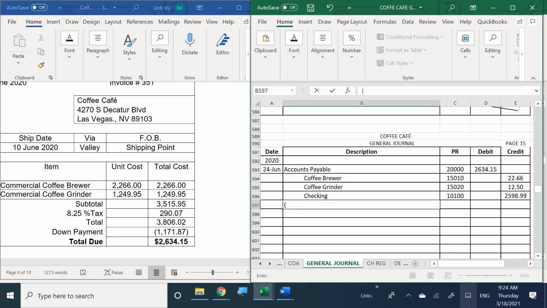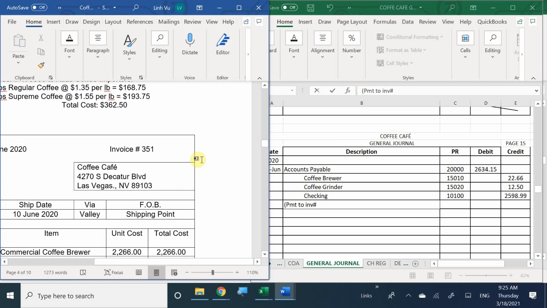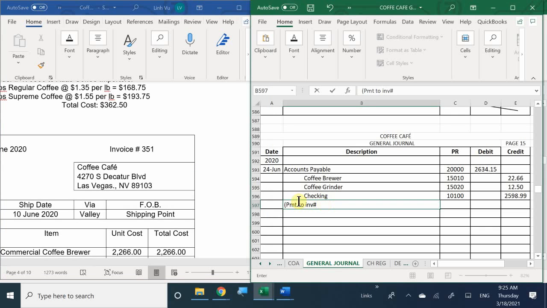Pay invoice number 351 with check number 1525. Good. Payment to invoice number 351.